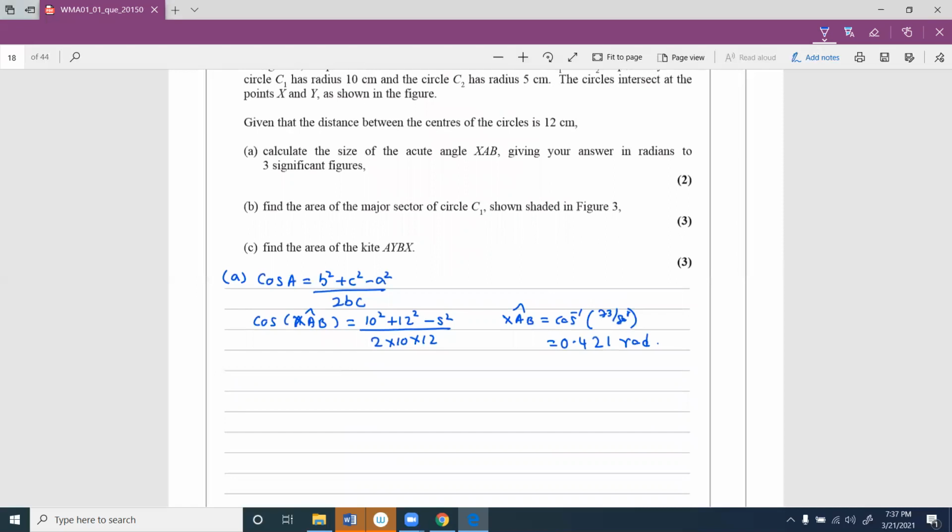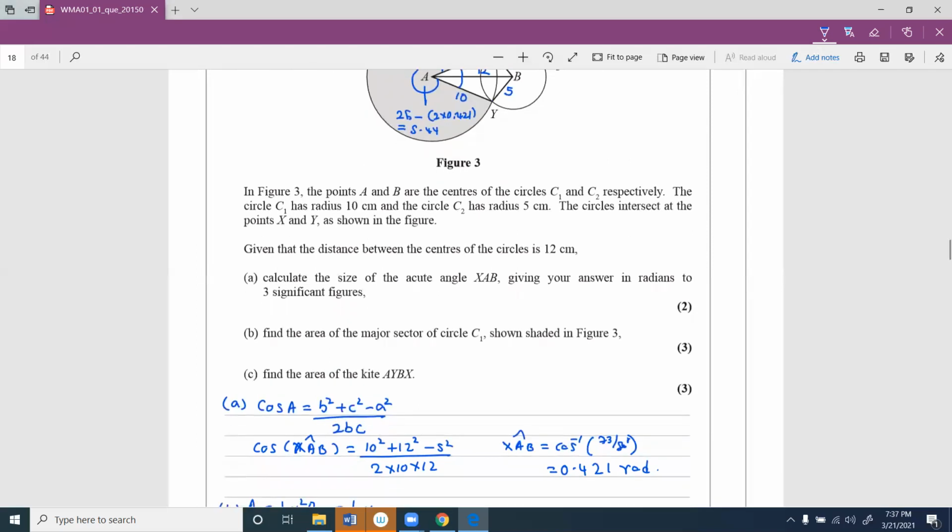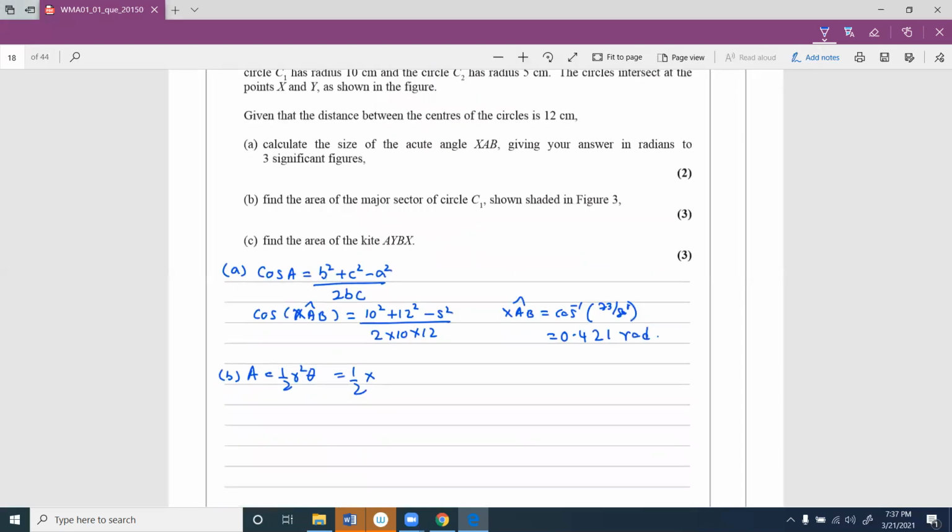Then we can find the area. The area of an arc sector you can find by the formula half r squared theta. That is half into the radius of that circle, which is 10, 10 squared into theta.